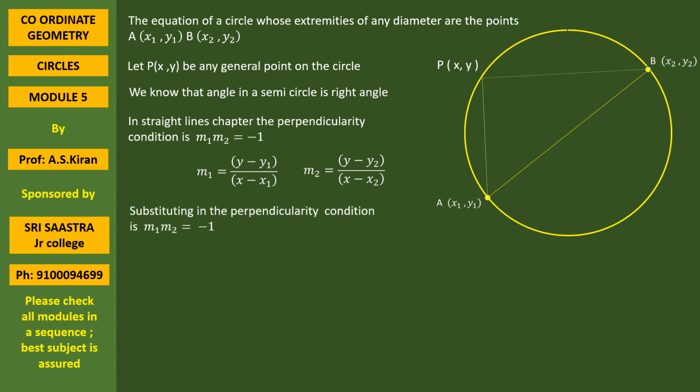Now, substituting in the perpendicularity condition, m1 m2 equals minus 1. After simplification, we get the equation (x minus x1)(x minus x2) plus (y minus y1)(y minus y2) equals 0.